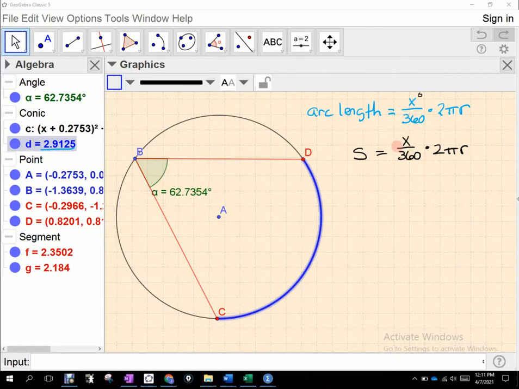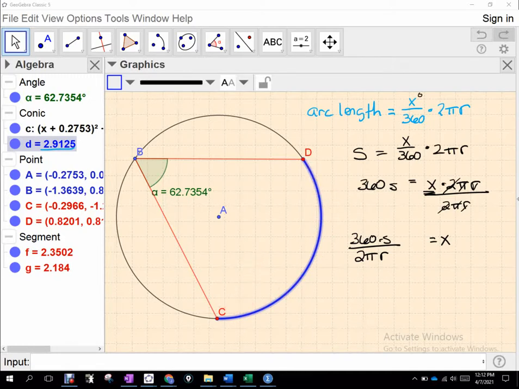If I multiply both sides by 360, would that make this x times 2 pi times r? And remember, I'm trying to solve for x here. All these other things are attached to x through multiplication, right? So if I divide everything by 2 pi r, those all cancel, leaving me just x. So then I take 360 times S divided by 2 pi r, and that will give me what this arc measurement is in degrees. Is that okay with everybody?